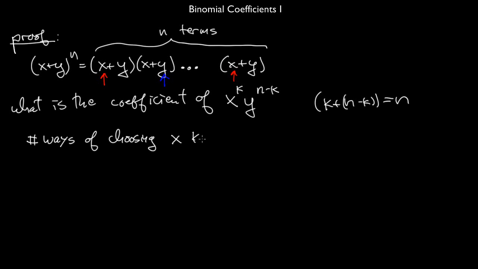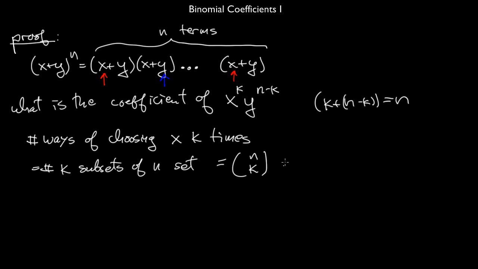And, well, then you'll naturally also be choosing y n minus k times. And so what's the number of ways of doing that? N choose k. That is to say, the number of k subsets of an n set is exactly n choose k, as we've seen. So the binomial theorem really is just an application of this combinatorial formula.